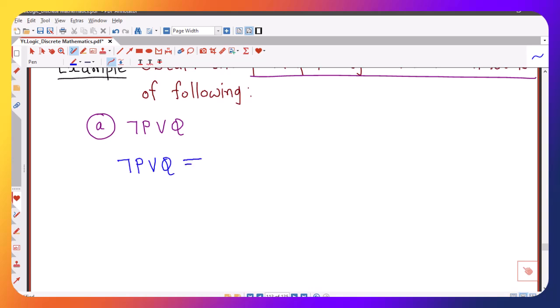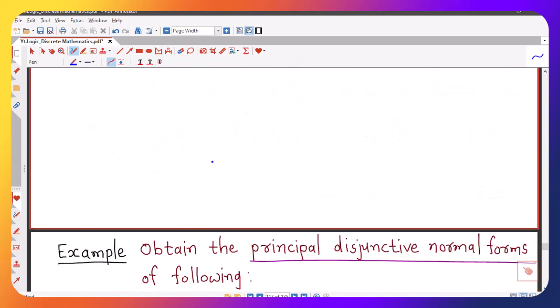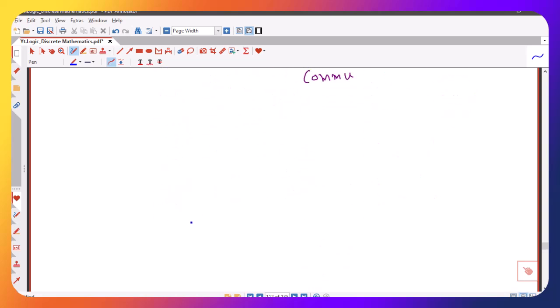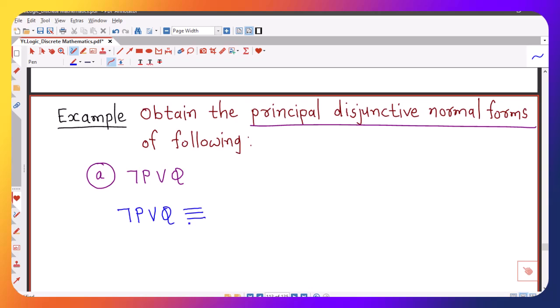So first what we can do is we can use this logical equivalence. We can write p is equivalent to p and T. Therefore we can here write negation p is equivalent to negation p and T, and or as it is.